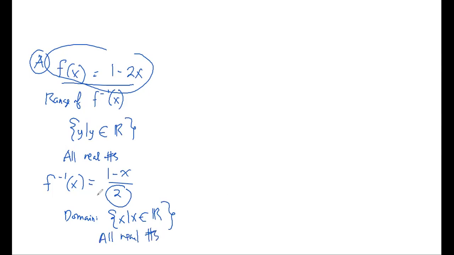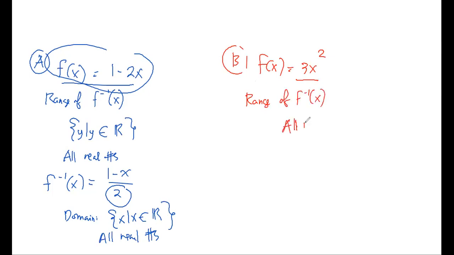Next, let's have example letter B. For example letter B, we have f of x equals 3x squared. There's no restriction in the value of x. So we say that the range of our inverse function will be all real numbers.